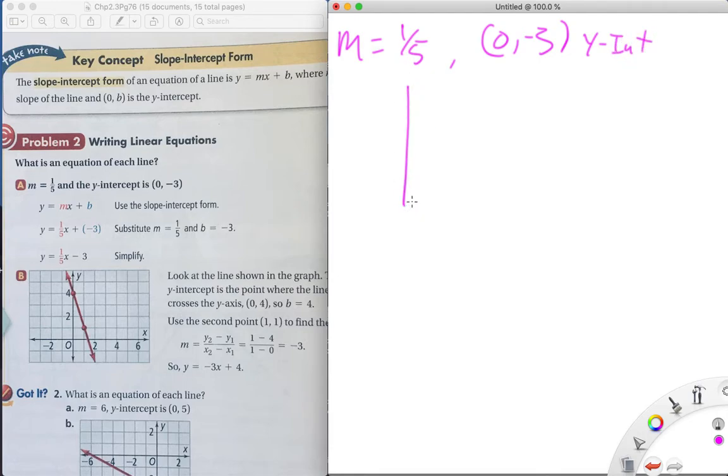So when I graph this, since I know where it crosses the y-axis, I can count 1, 2, 3, 4, 5. I know that it crosses the y-axis at (0, -3).